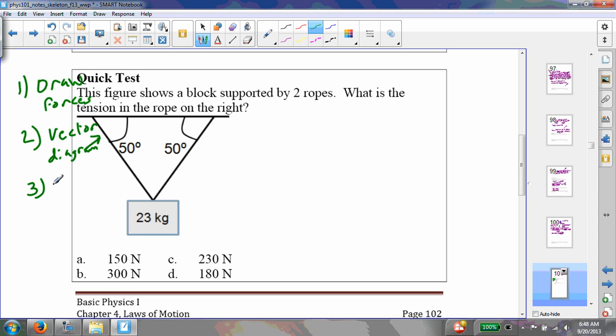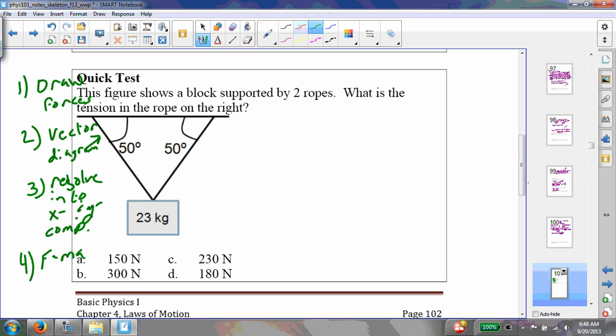Third, I will resolve my vectors into x and y components. And then fourth, apply Newton's second law, so F equals ma. I'm going to get you up to where you can find the answer for this, but then I'm going to leave it.